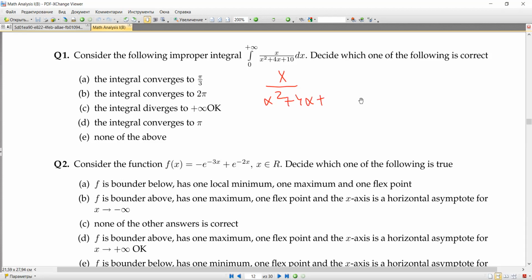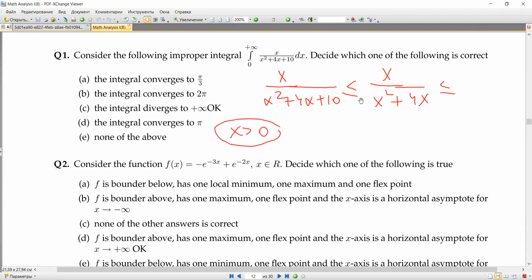So we can compare it like x squared plus 4x, for example. Yes? Just subtract 10 here. If you divide by x, since x is greater than 0, we can do it.